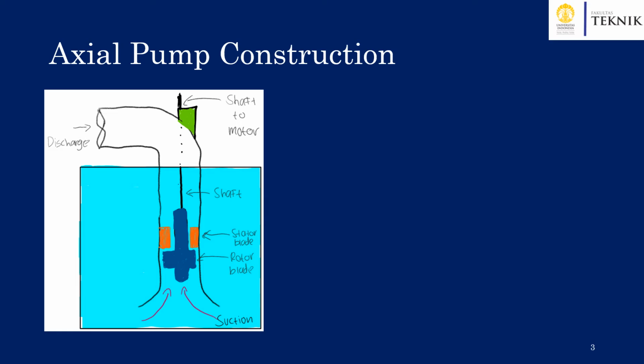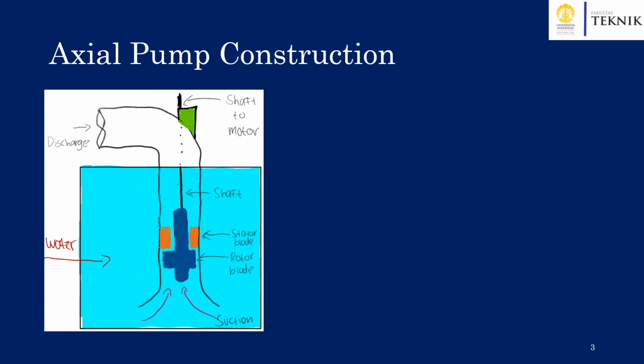Let's say that we have a pond of water here, and we need to move this water somewhere else. Don't get confused by the construction, because it looks like it will bend somewhere and the fluid will not move in axial directions. But we will get into that after this.